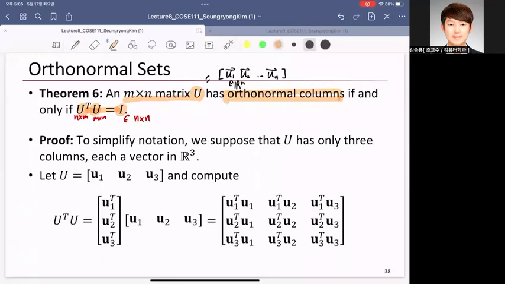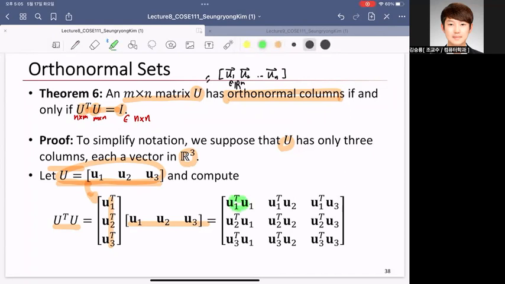Let's prove this one. It's very simple. Suppose that you have only 3 columns, each a vector in R3 space, so U can be represented by u1, u2, u3. Let's compute U transpose U. U is here, so U transpose is going to look like this. Then let's compute this matrix multiplication.